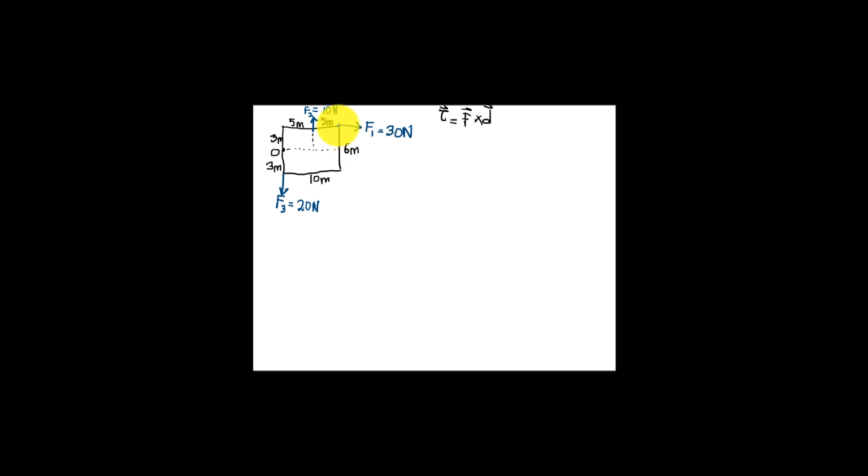We can extend the line of F1 until it reaches the axis of rotation, which is at point O. So here is the distance to the axis of rotation, which is 3 meters. Now you can see that F1 is perpendicular to this distance of 3 meters. So the torque of force 1, I call it torque 1, equals the force, 30, times the distance, 3.